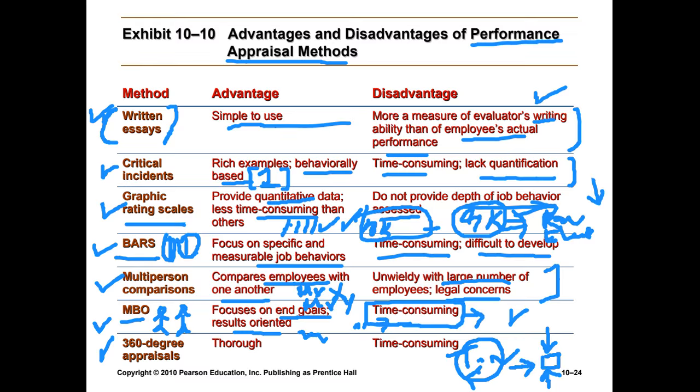So when we get feedback from the boss, feedback from the juniors, and feedback from the colleagues, it can give us very good insights about the individual, his personality and job related performance. But again, it can be time consuming.